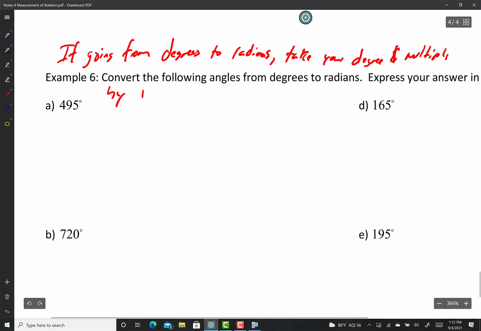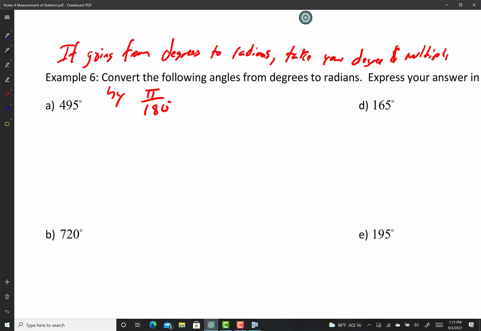Pi over 180. Sorry, guys. The other one was 180 over pi. Now we got it right. Pi over 180 because we're converting to radians, so we need the radian on the top and the degree on the bottom. It's similar to unit analysis, but it's not as heavy.